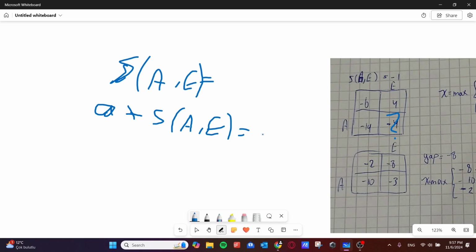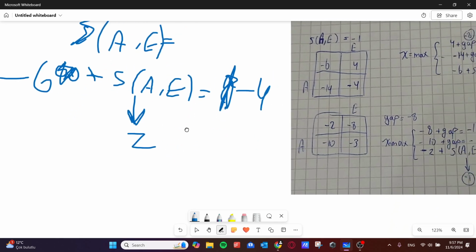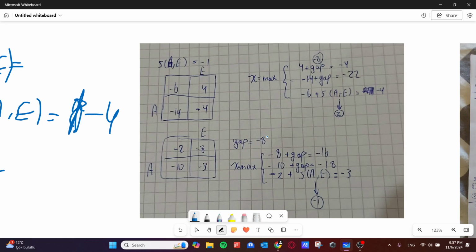This number was the question mark, but surprisingly, we have the question mark here. The question mark is minus 4. The A is minus 6. So we can calculate it. So this will be 2, right? Yes, it's 2.